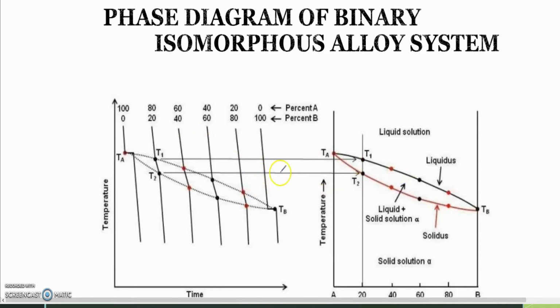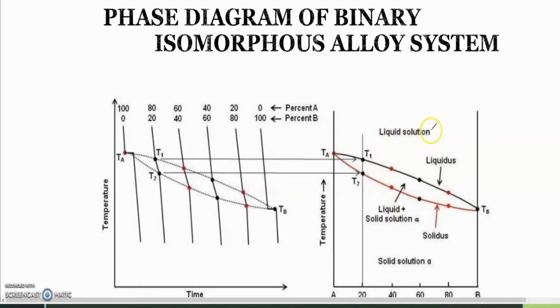So daripada situ, the points of different cooling curve are connected together and form a phase diagram. Kita connect together, kita dapat point-point ni, kita sambung dan kita akan dapat phase diagram, sama dengan phase diagram yang tadi kita belajar tu.